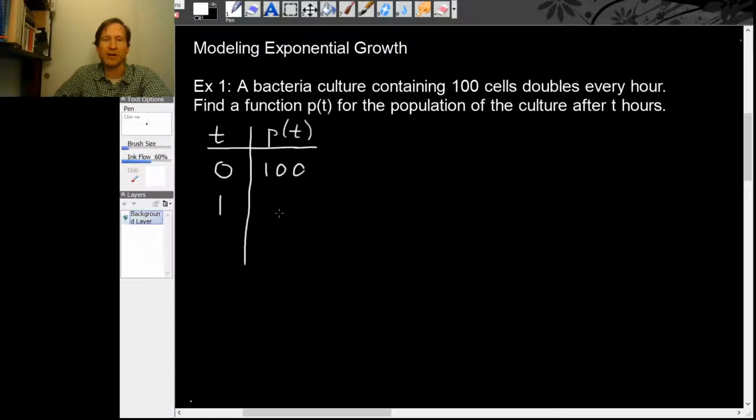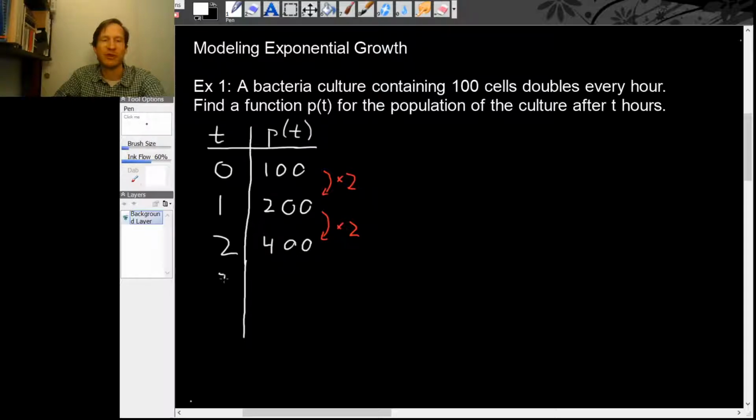After 1 hour, that's doubled because the population doubles every hour, so now it's 200. So to get from line 0 to line 1, we just multiplied by 2. After 2 hours, it doubles again, so now it's 400 cells. And to get from line number 1 to line number 2, we multiplied by 2 again.